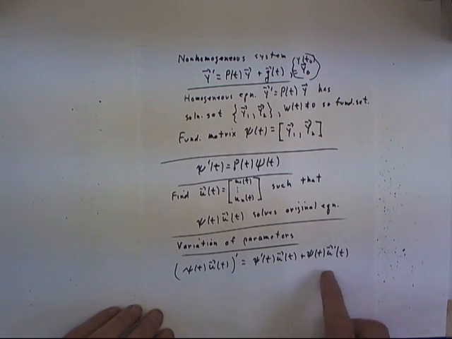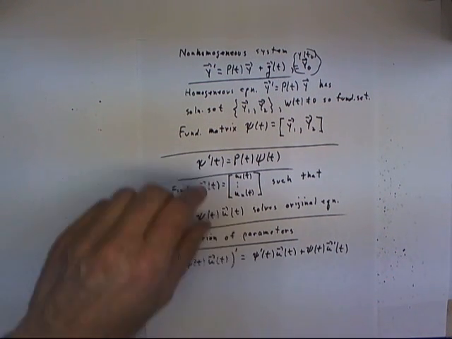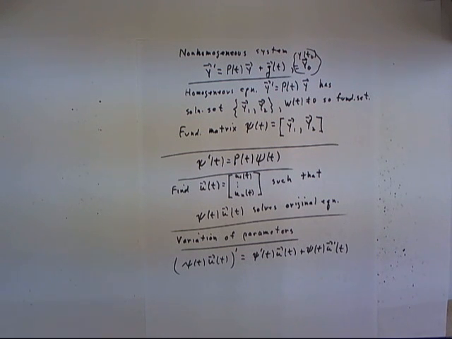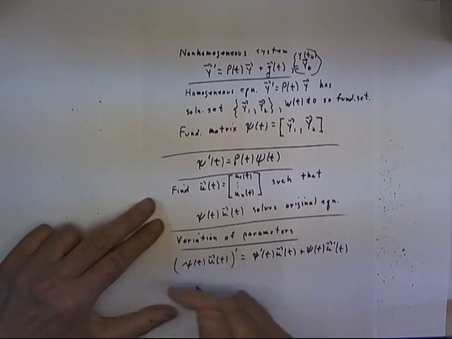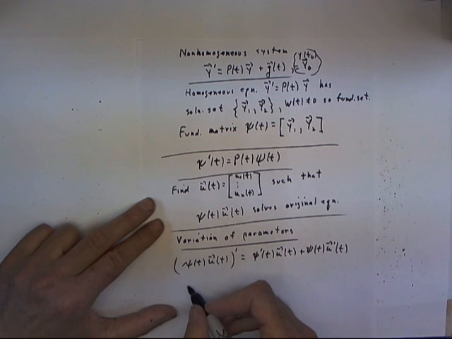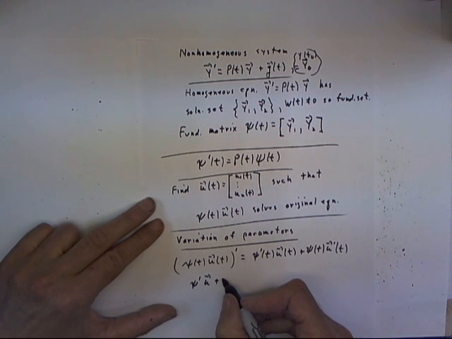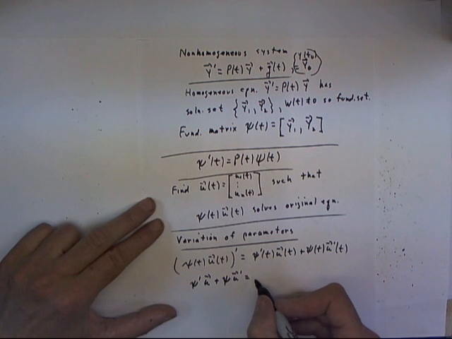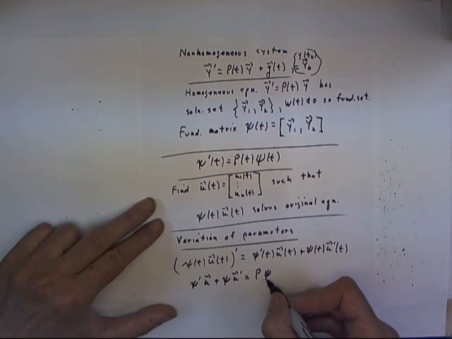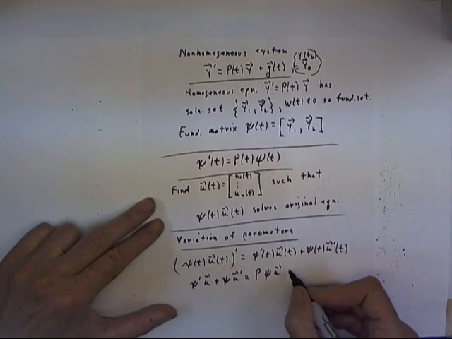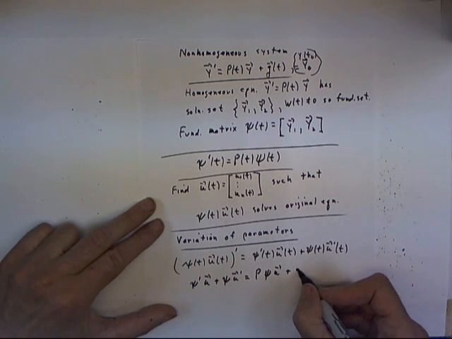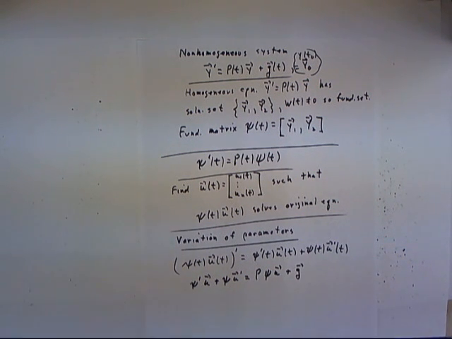For the moment, leaving off the t's, we understand that everything in the equation is going to be a function of t. We can write the non-homogeneous equation as psi prime u plus psi u prime equals p psi u plus g.